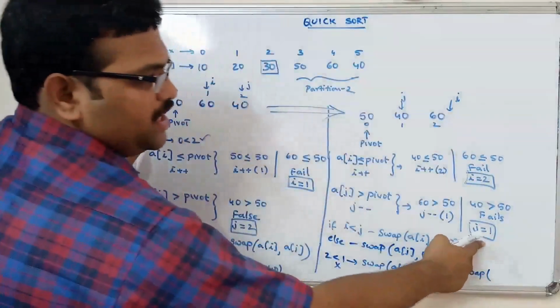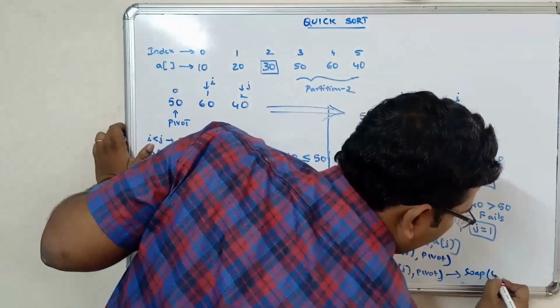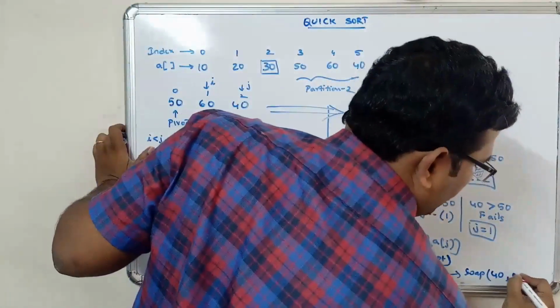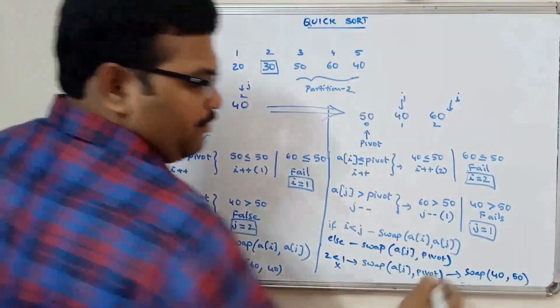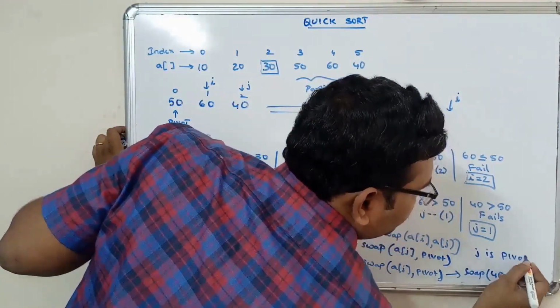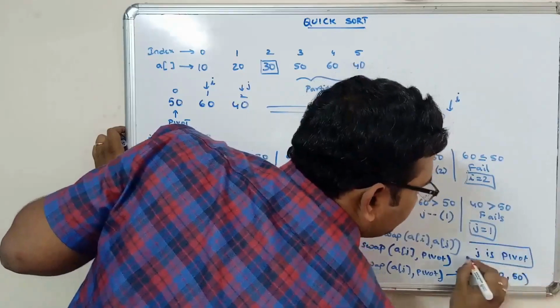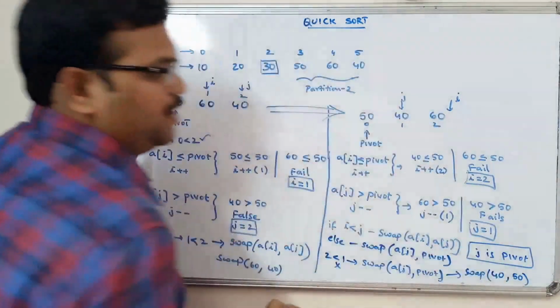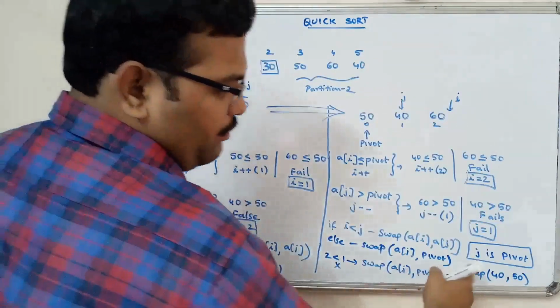swap A of j, means A of 1, 40, comma A of pivot, 50, and we know that j is pivot. J is pivot, that means 1 is pivot here. Okay, so here 1 is pivot.